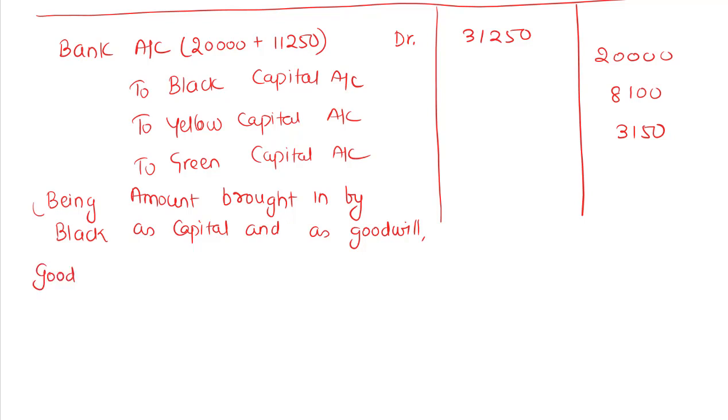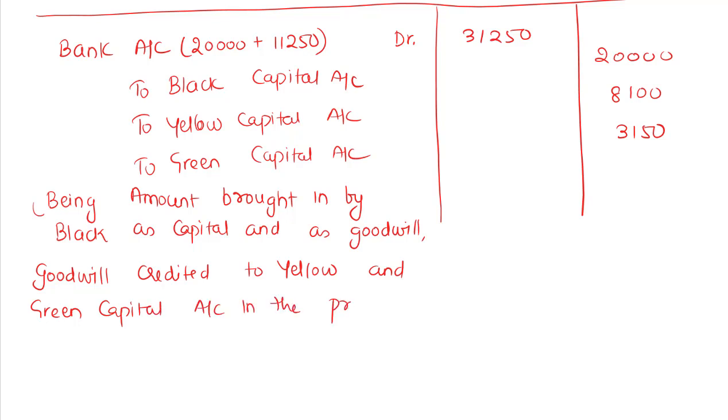Goodwill credited to Yellow and Green capital accounts in the profit sacrificing ratio.